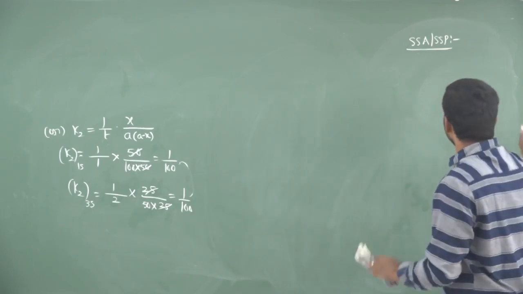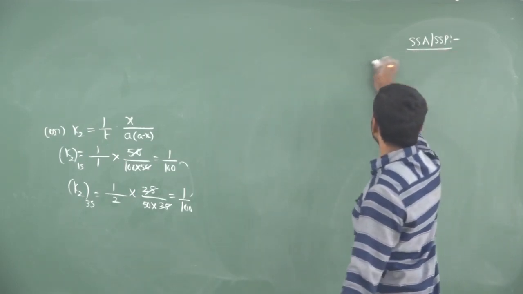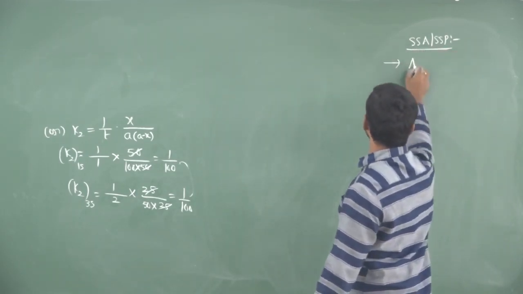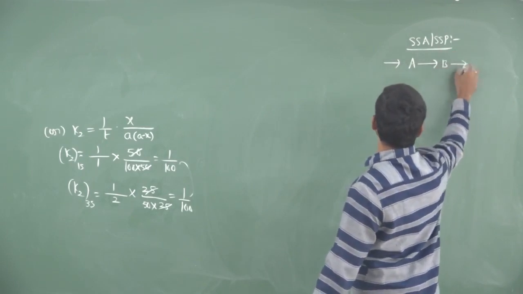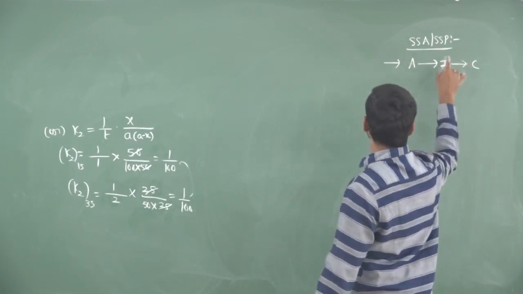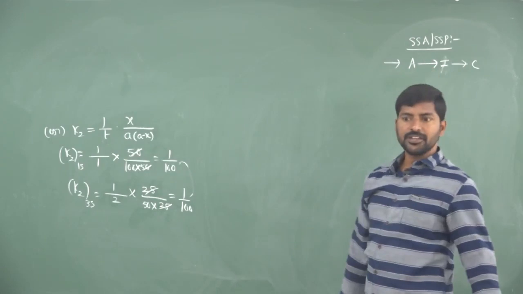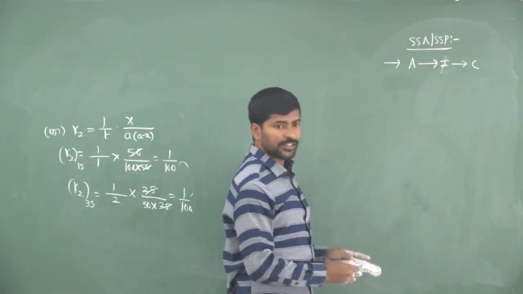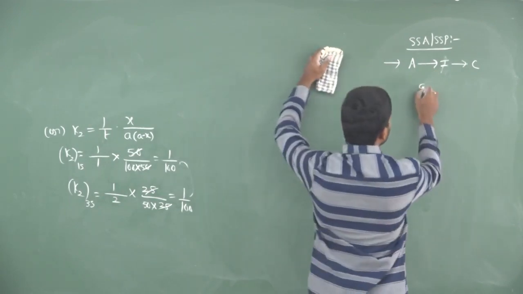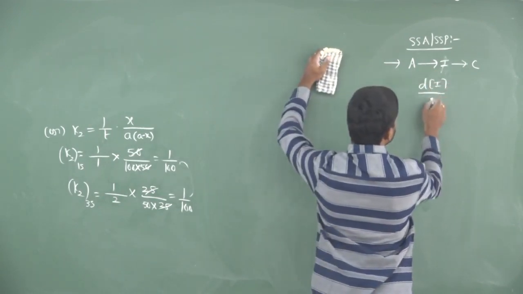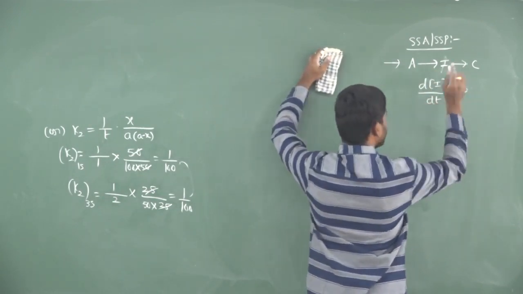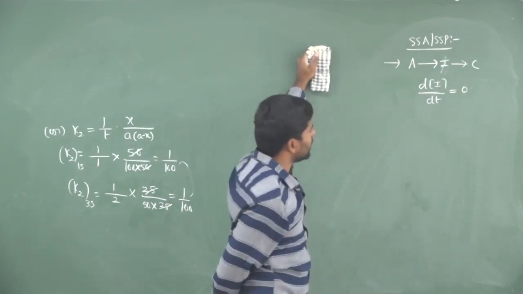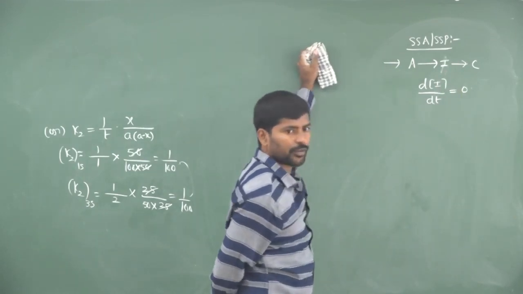Right. Steady state approximation. If you have a reaction like this, A gives rise to I gives rise to C, where I is an unstable intermediate. According to steady state approximation, the change in the concentration of the intermediate with time is equal to 0.